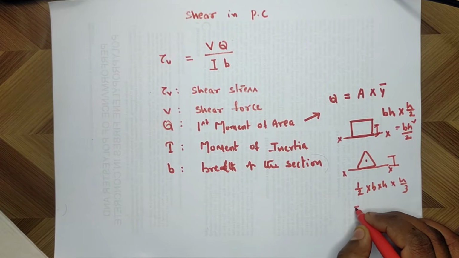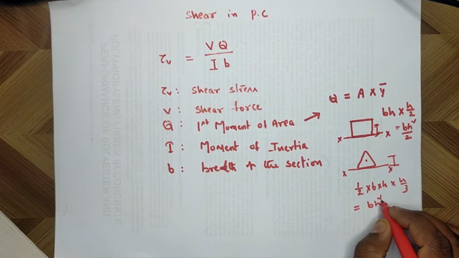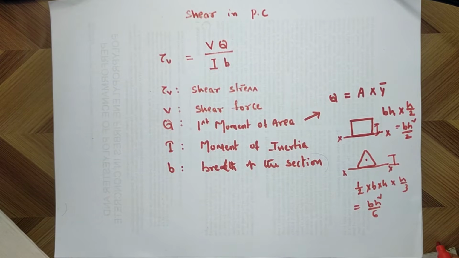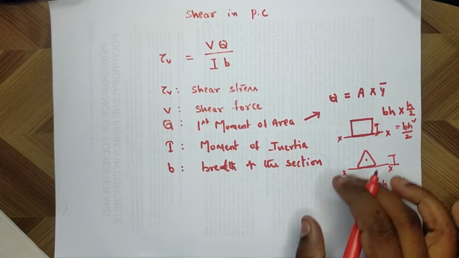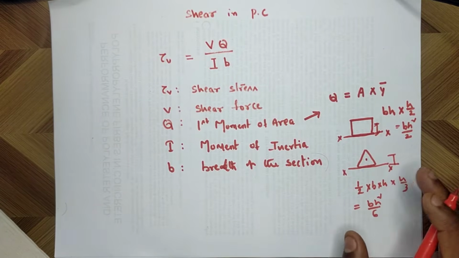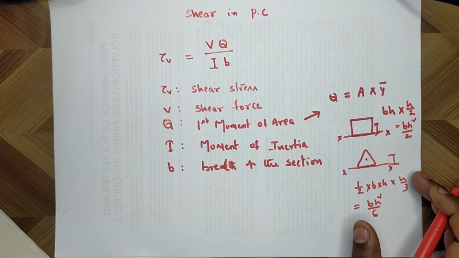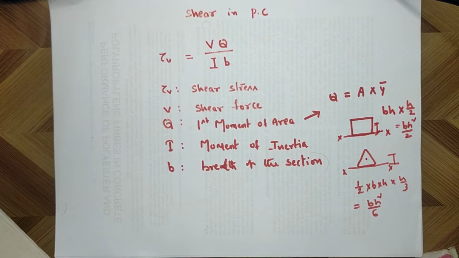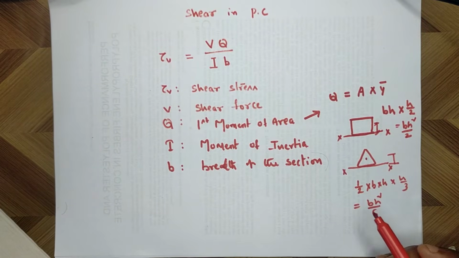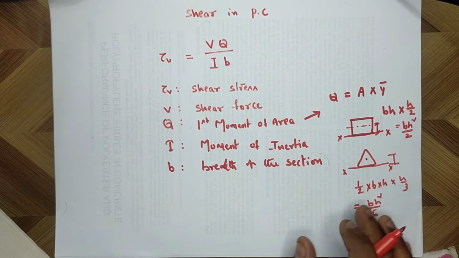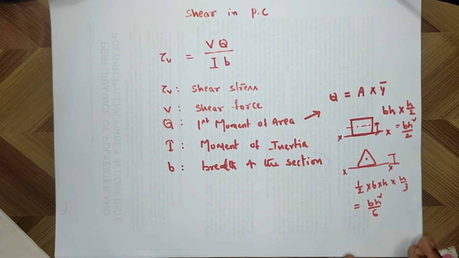Then this is BH square by 6. Like that, we can determine the moment of area for various sections. Generally, in our problems, we will take the central axis about the neutral axis. While solving the problem, we will see.